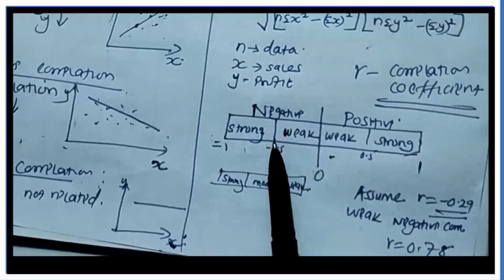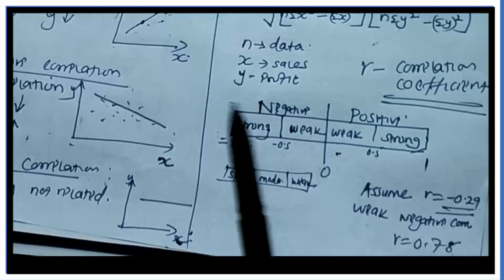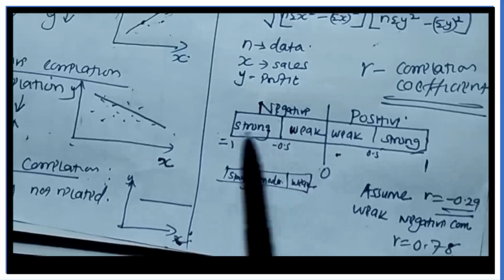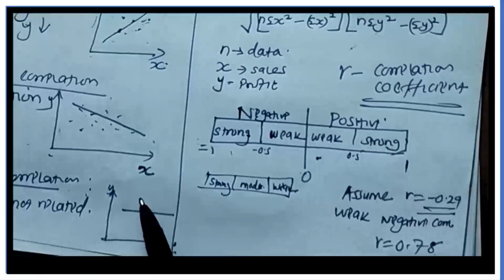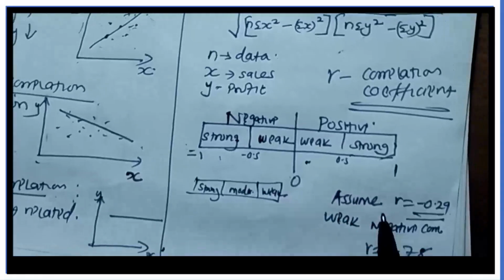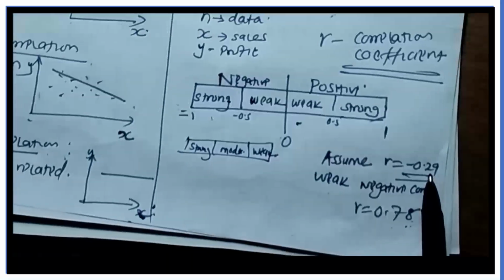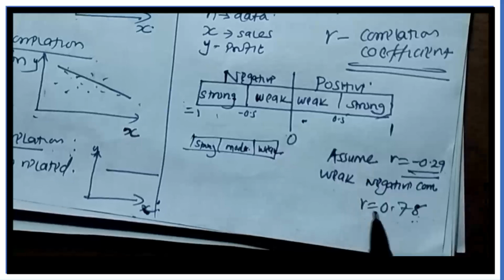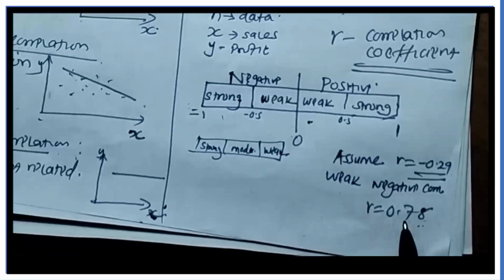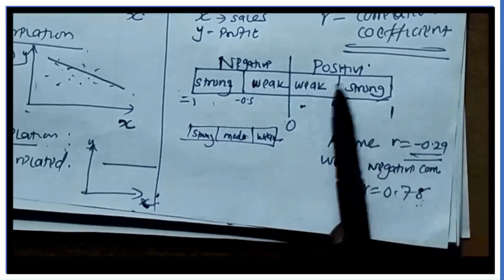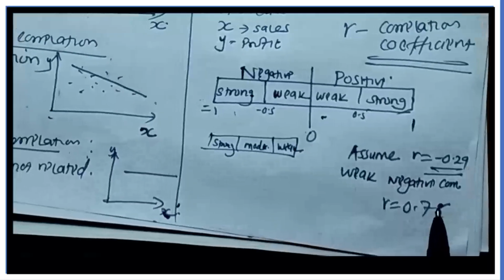If you divide negative into 2, at this level you have weak negative correlation. Here we have strong. The same case with the positive. And I gave an assumption that if it is -0.29, we have weak negative correlation. If it is 0.78, remember this is positive, so we have strong positive correlation, because it's found here.